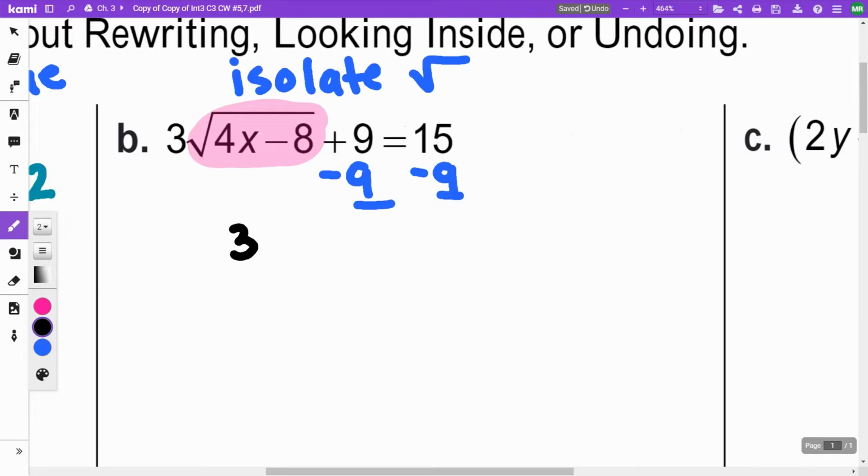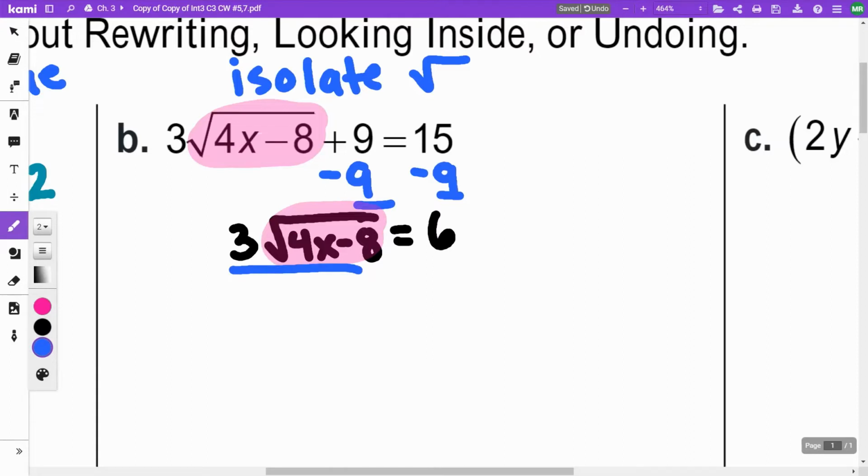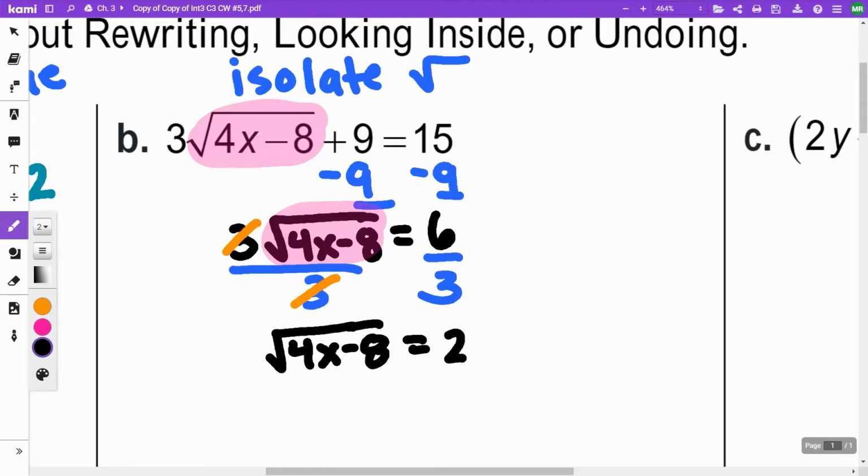Then we're going to get 3 times the square root of 4x minus 8 is equal to 6. Still trying to isolate that square root. So the next thing I'm going to do is divide by the 3. And when I do, this 3 and this 3 make a 1. And I'm going to be left with the square root of 4x minus 8 is equal to 2.